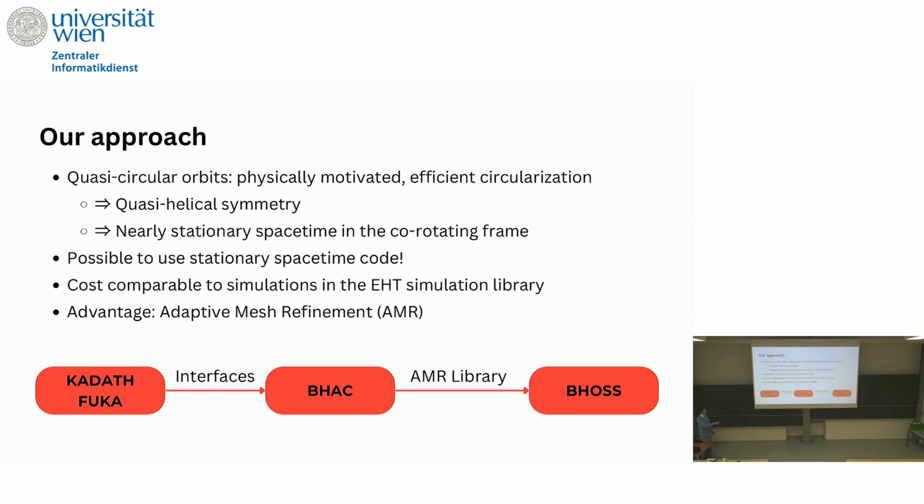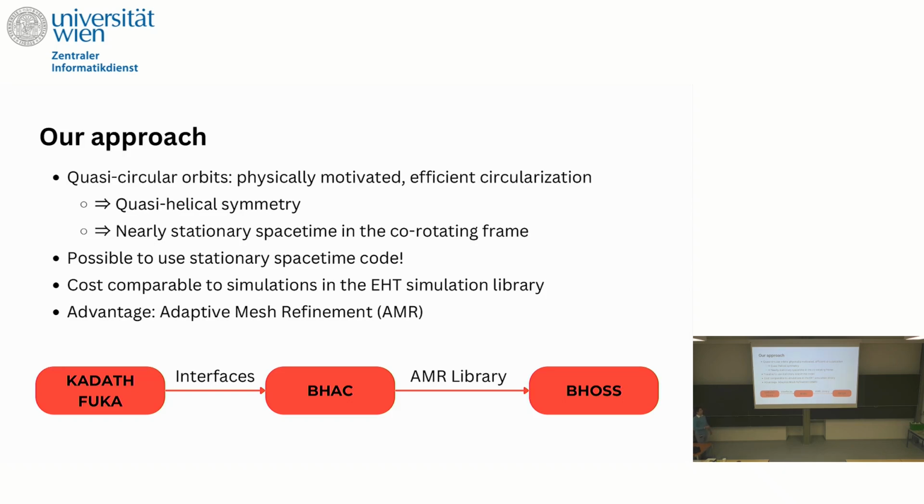And then we use a library capable of reading the adaptive mesh refinement data in order to feed it to a ray tracing code, in this case the one with which we are working, called BHOSS. This combination has already been used to create part of the simulation library of the EHT. And the addition is essentially this part, but also the AMR library.